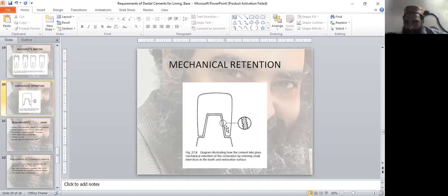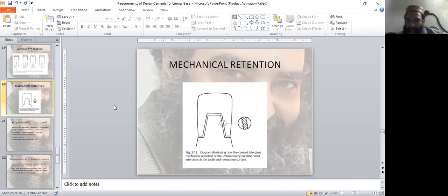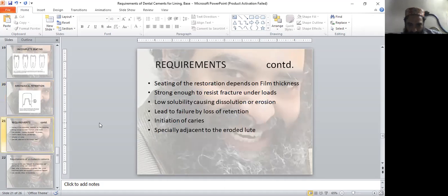The same material will go to the inner surface of the crown preparation, which is also created by sandblasting or other mechanisms when they are preparing crowns. So there is sufficient room, and this type of surface can facilitate the bonding of two materials. Two materials mean two structures, the tooth structure and the crown structure.